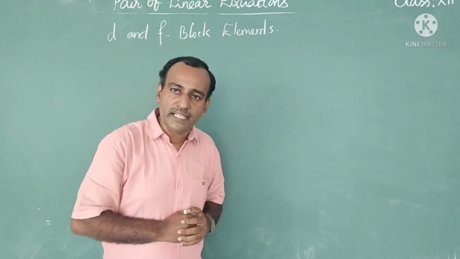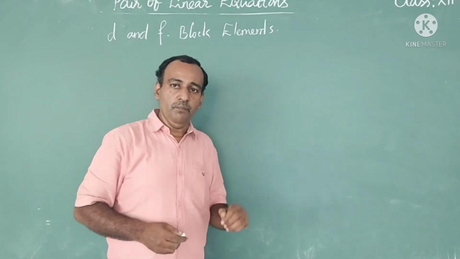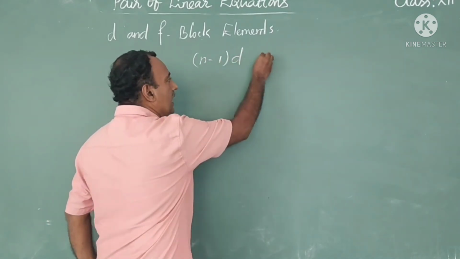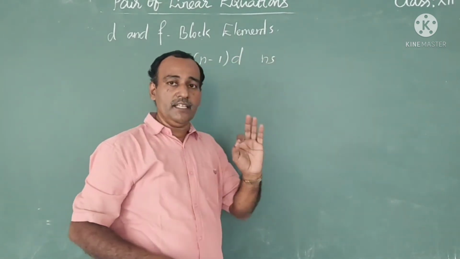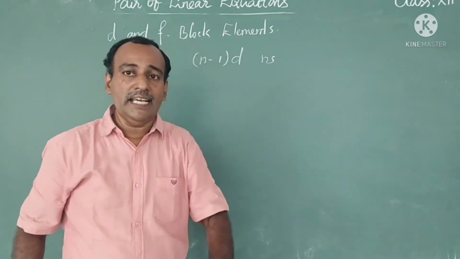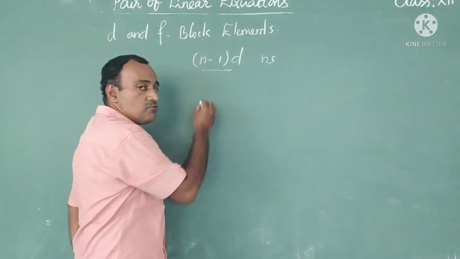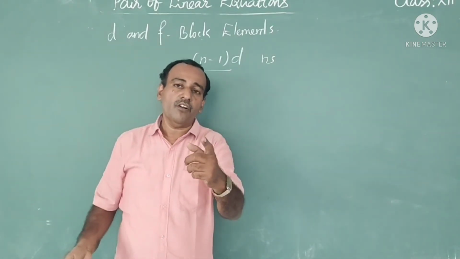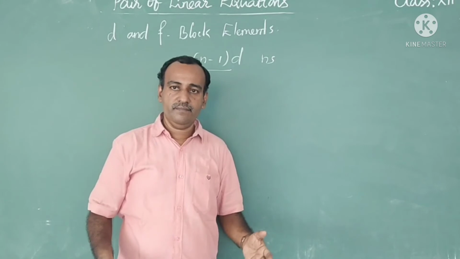Why do they show metallic property? Because both the n-1 d orbital and ns orbitals are involved in bonding. When the number of unpaired electrons in the n-1 d orbital increases, their metallic property also increases.